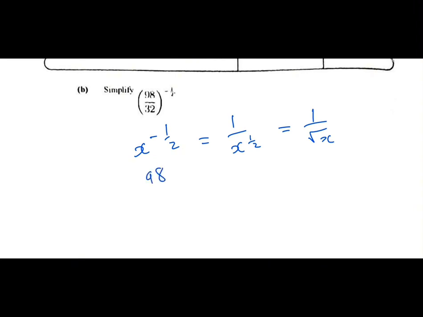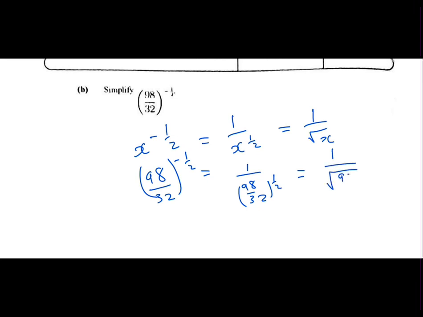So we can rewrite this number, (98 over 32) to the power minus half, as 1 over (98 over 32) to the power half. Since we want to remove that minus, the minus is just showing that it's a reciprocal, so we can rewrite it like this, and then we will now find our square roots.